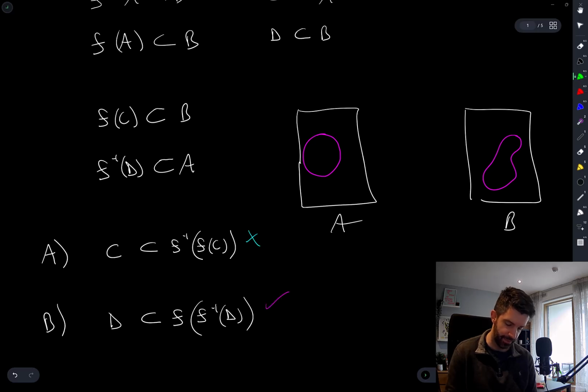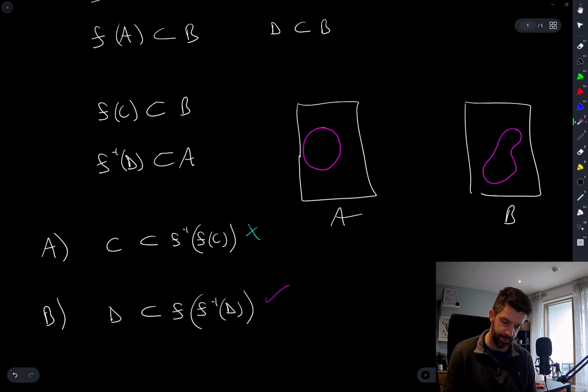Well, I'm happy I went through the other options because this one is correct. Let's say that's D. When I take f inverse D, I get something like this.